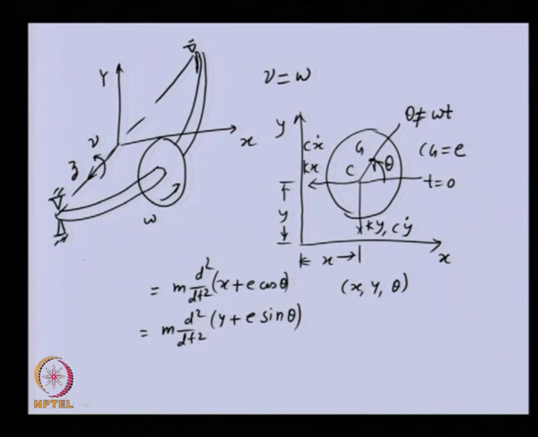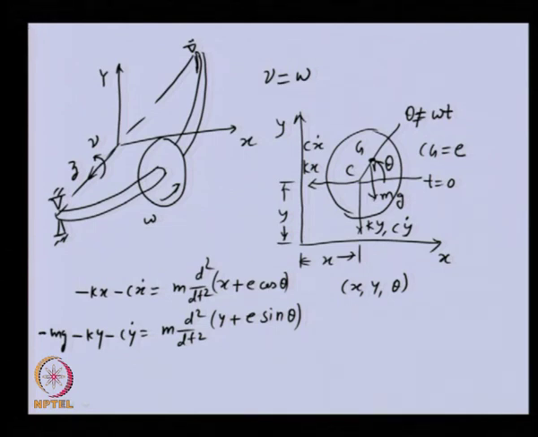So if we want to balance the forces in the x direction, we will have elastic force and damping force. Similarly in the y direction, we will have elastic force and damping force, and the right hand side is the inertia forces. Apart from this, because at the center of gravity the weight mg is acting, that will also come in the force in the y direction, that is in this particular case it will be minus mg.